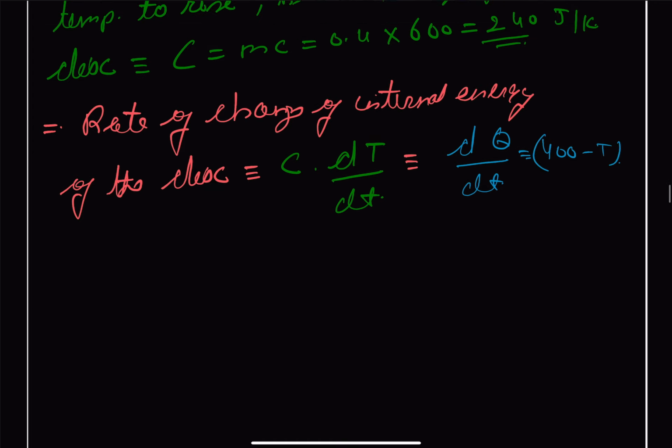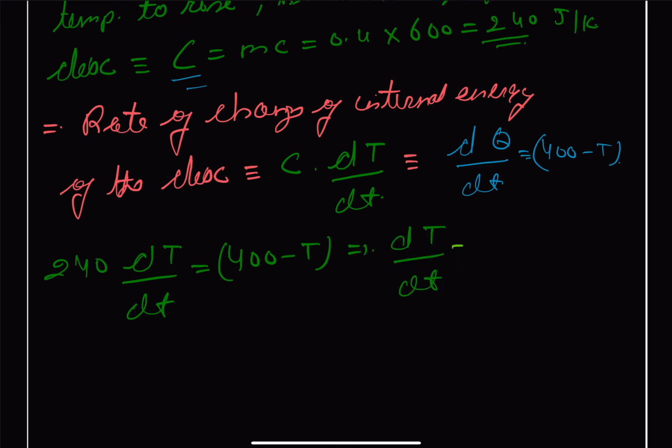Okay. And this dQ by dt is 400 minus T. And C we just found out, so we substitute it, we get 240 times the rate of change of temperature is equal to 400 minus T. This gives us dT by dt is equal to 400 minus T divided by 240, and this is nothing but a first order differential equation, which we can solve.